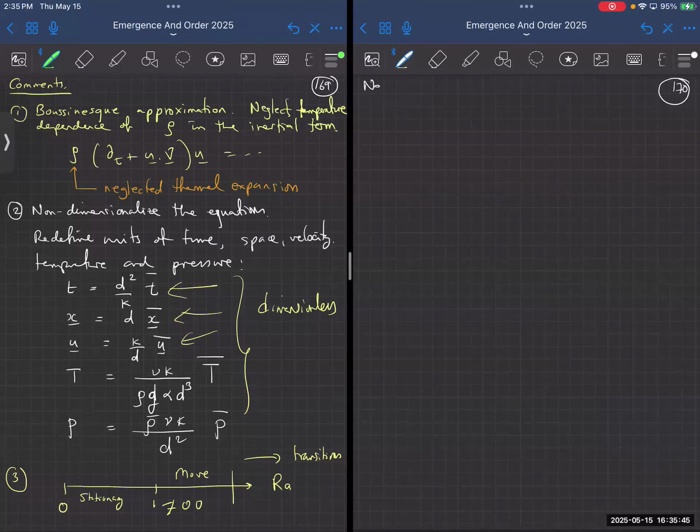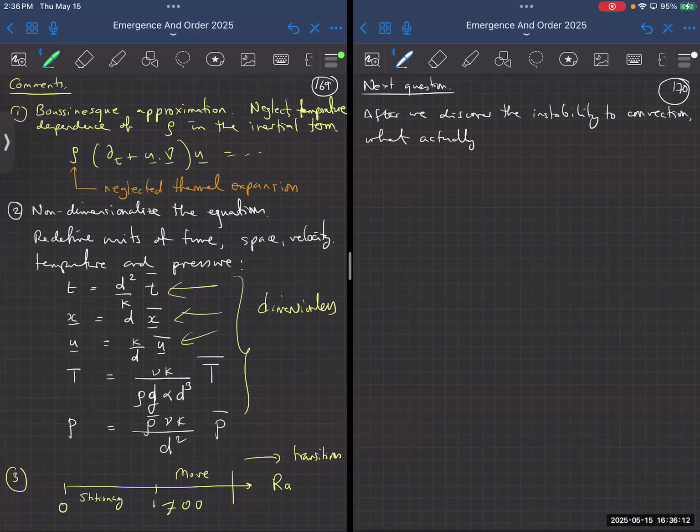So the next question. After we discover the instability to convection, what actually is the behavior?